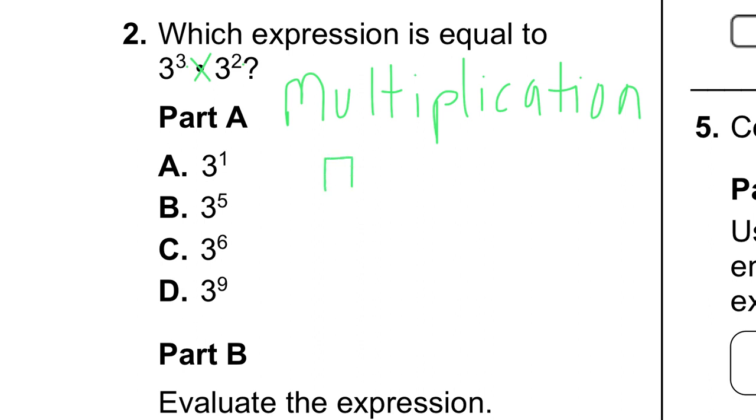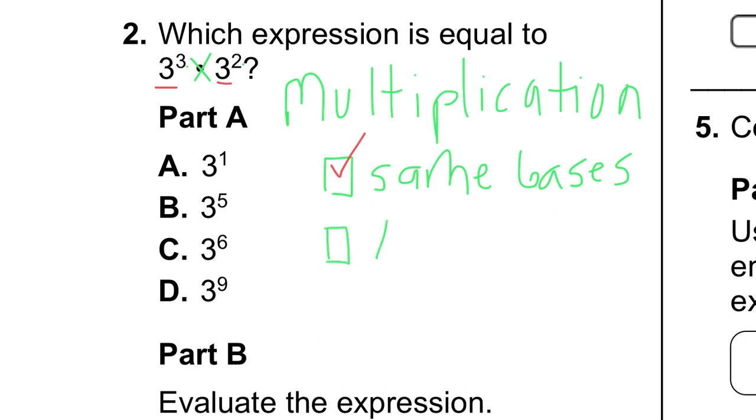As long as you have the same bases, and in this case, we have 3 and 3, so they are the same base. We can move on to the next step, which is add the exponents.